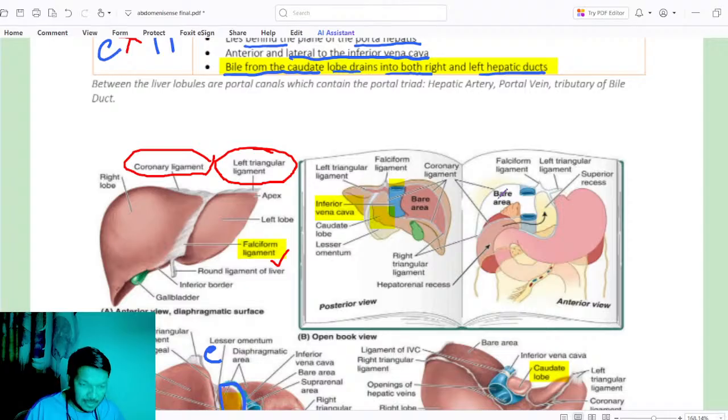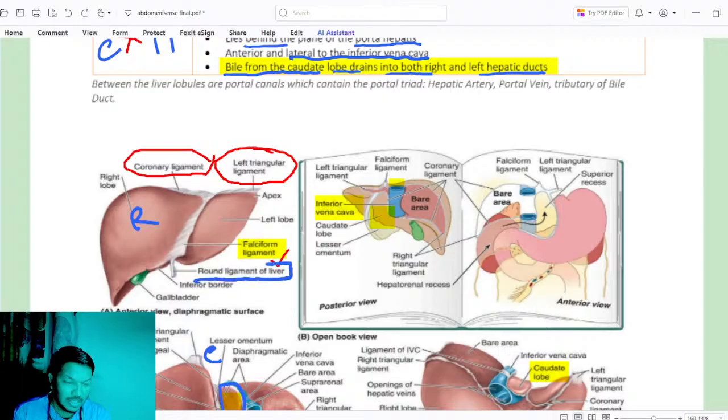Now see some ligaments. This is the right lobe and this is the left lobe. There will be a ligament called the falciform ligament in the anterior superior aspect, which divides the liver into right and left. Inferiorly, there will be the round ligament of the liver.